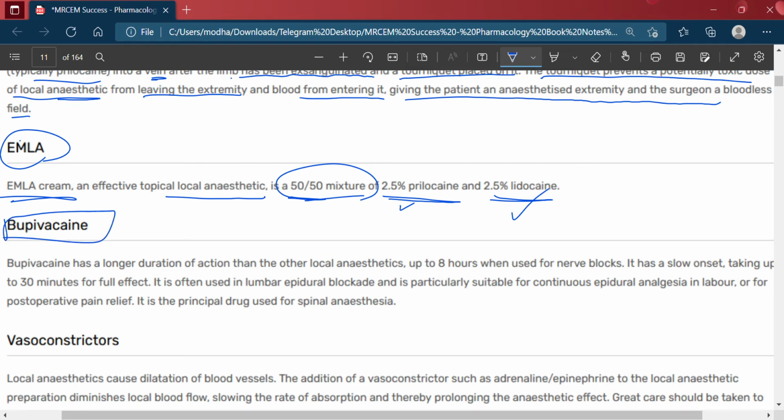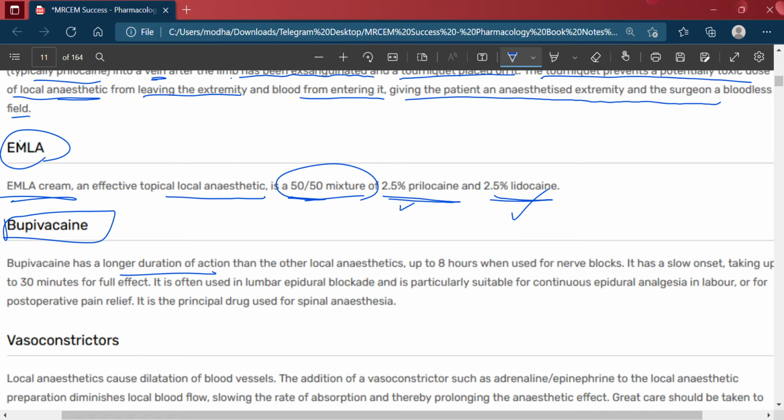Bupivacaine has a longer duration of action than the other local anesthetics, up to 8 hours when used for nerve block.